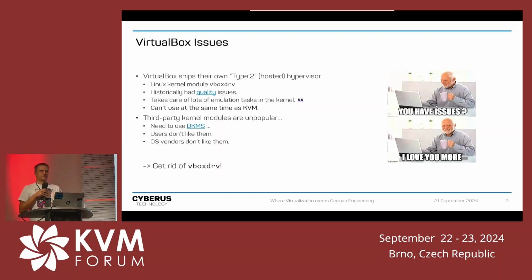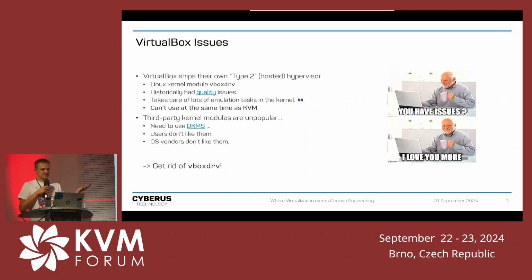It is very different from KVM, how it works. So basically, VirtualBox uploads a lot of code into the kernel that also can do lots of emulation code directly in the kernel. This is not something you would design like this anymore. And of course, the main downside is that you can't use it together with KVM. And KVM, people want to use KVM.